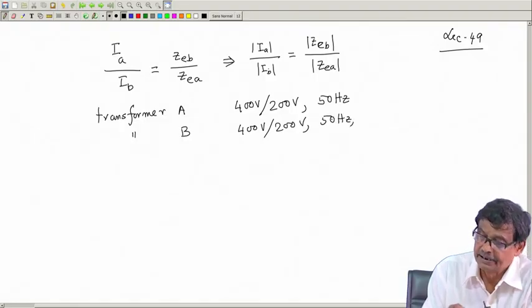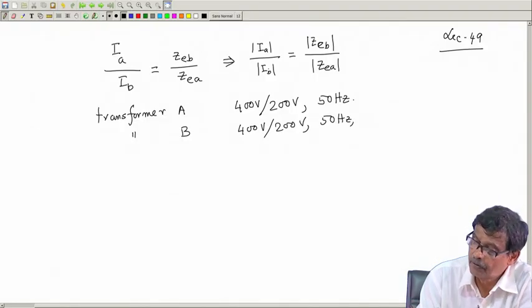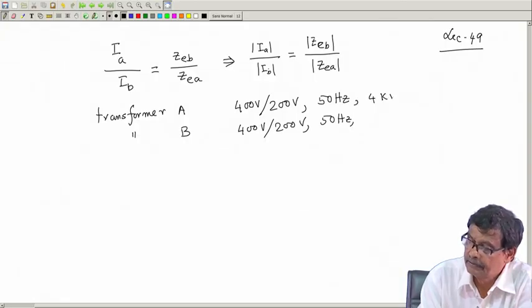The kVA rating of transformer A is suppose 4 kVA and this transformer's rating is suppose 2 kVA.